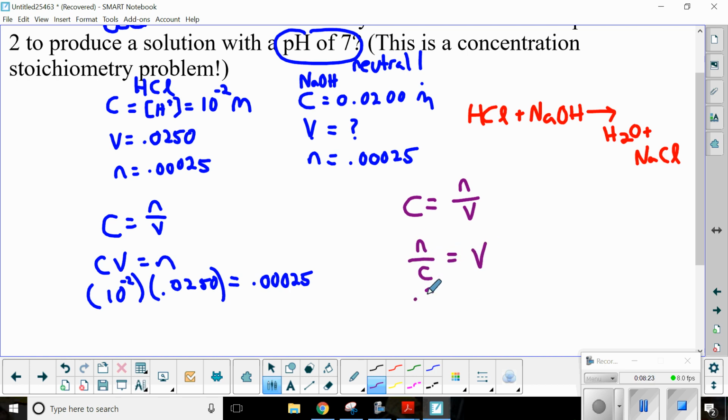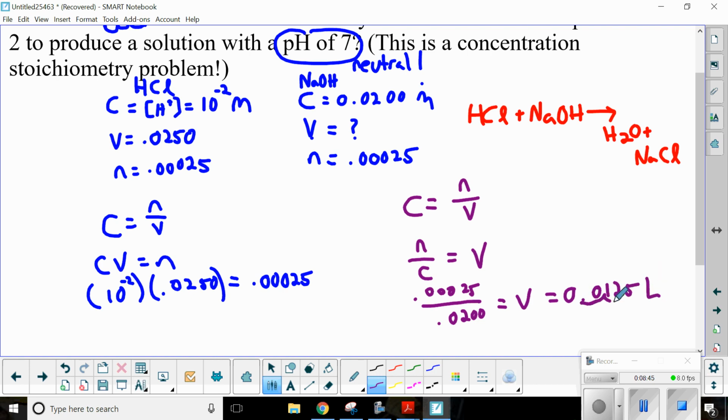And the 0.00025 divided by your 0.0200 is going to be my volume. Solve that out. And my volume is going to be 0.0125 liters.